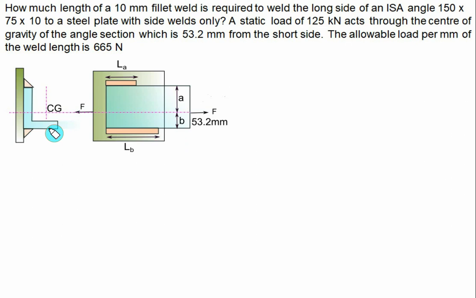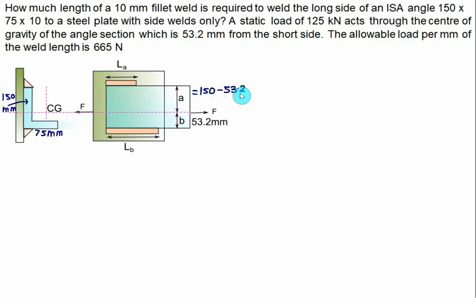So this one is the short side here, and we have the short side equal to 75, so this length is equal to 75 mm. This one is the longer side, so this side is equal to 150 mm. It means that the distance A will be equal to 150 minus 53.2.